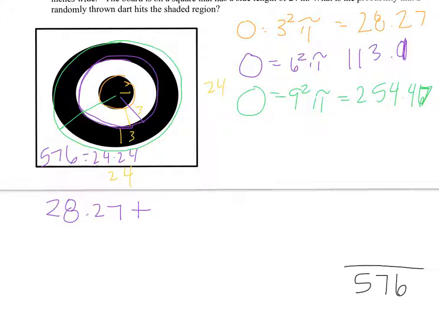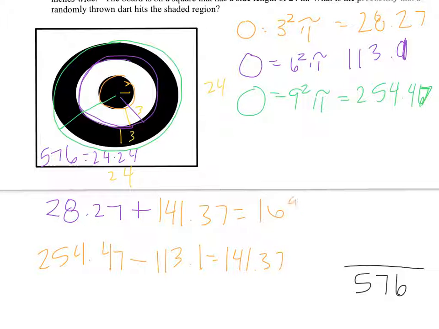So I'm going to do a little side step here and take my green, 254.47, and subtract my medium, 113.1, to get 141.37. So that then would be the other shaded region I have to add together. So if I add the 28.27 to that, I get 169.37. So this would be what should be over my 576.